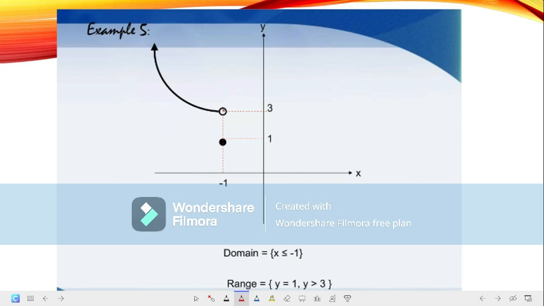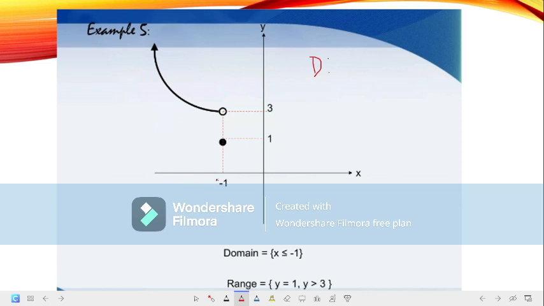However, if we are going to express the interval notation for the set of domain, we're going to focus our attention on the x-axis.